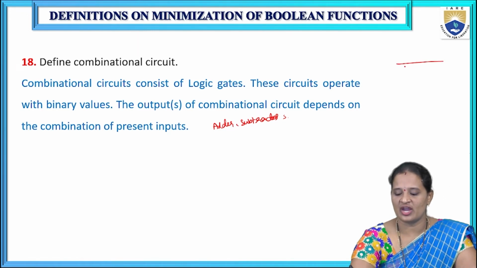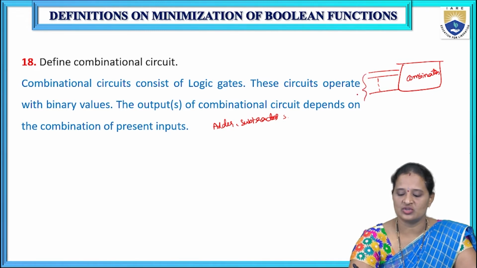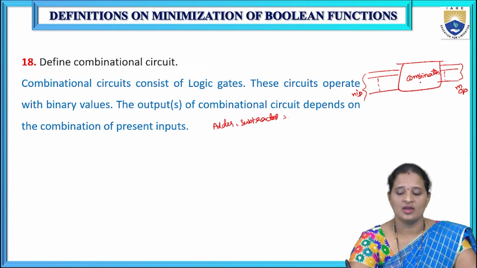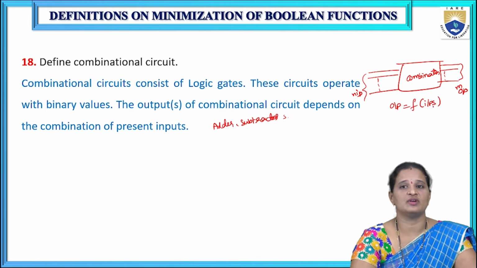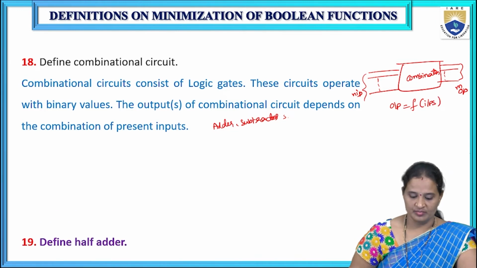So when such definitions are asked, you can draw a block diagram like this: a combinational logic circuit with n inputs and m outputs, where we don't have any feedback and a memory element is not required, because the outputs are only a function of the inputs. They do not depend on previous outputs or previous inputs.